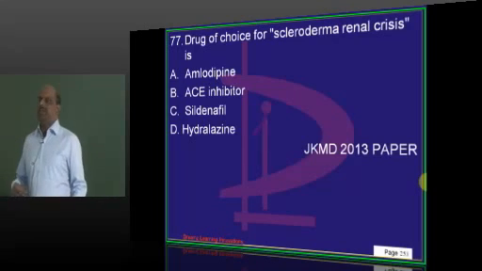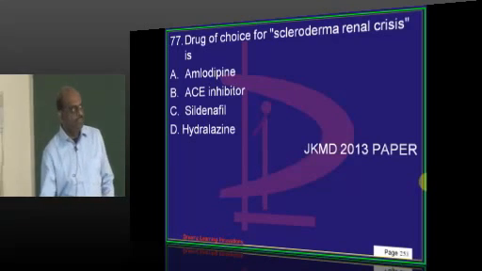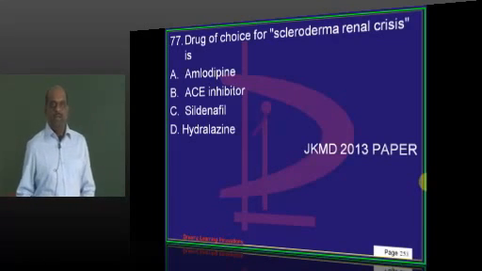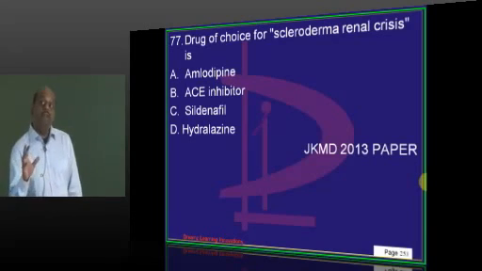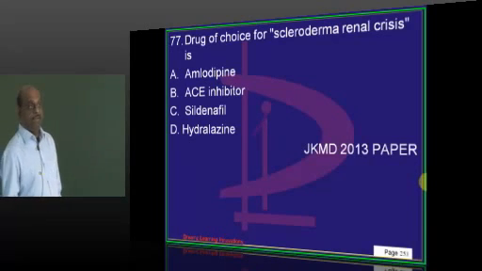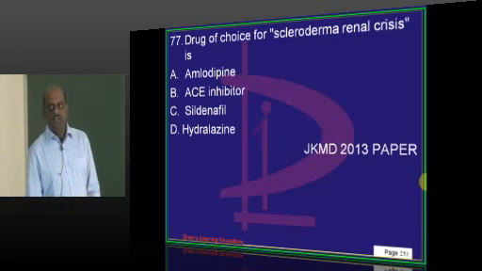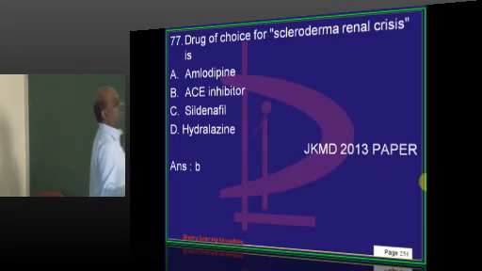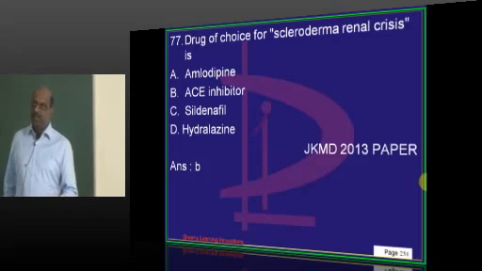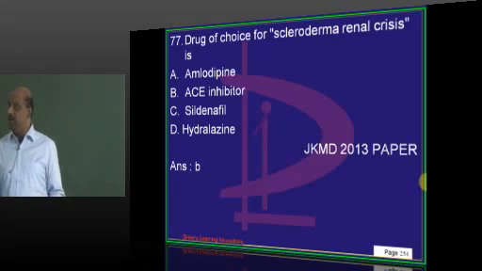In scleroderma, there is a renal crisis, doctor. Whenever there is a renal failure, no one will give an ACE inhibitor, at least they will be afraid to give one. But in scleroderma renal crisis, we need to be foolish enough to give an ACE inhibitor, which is considered the drug of choice for the management of scleroderma renal crisis.